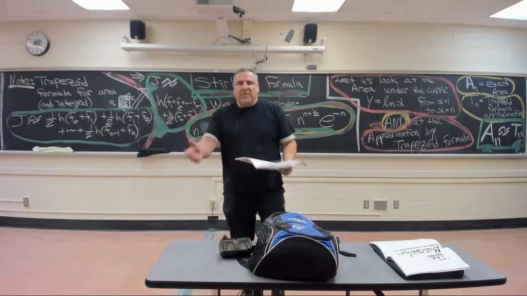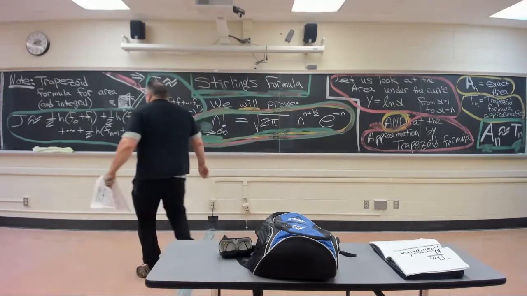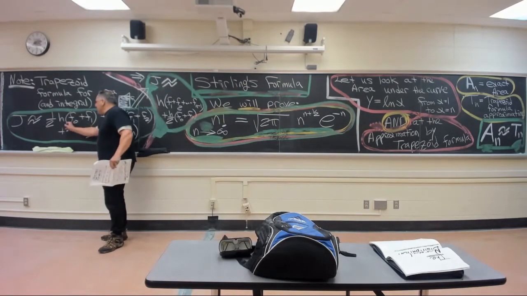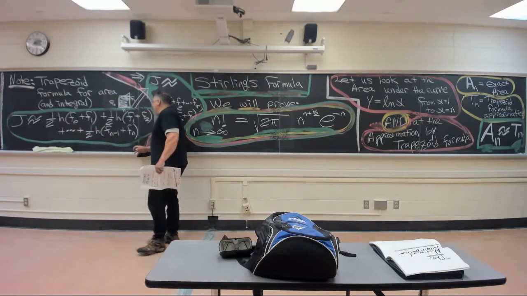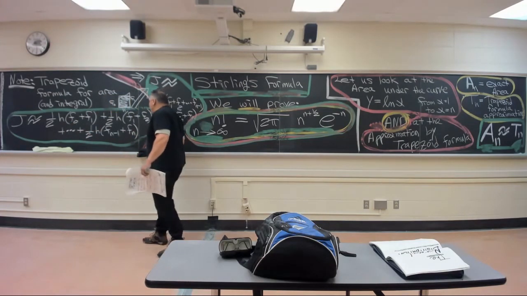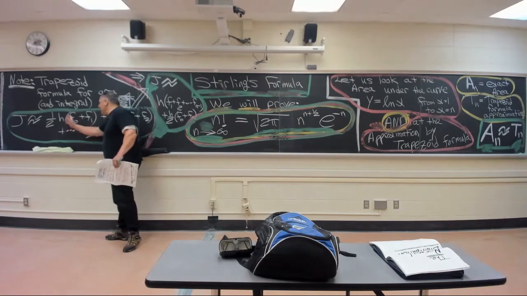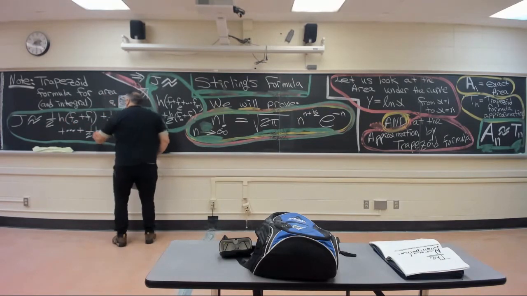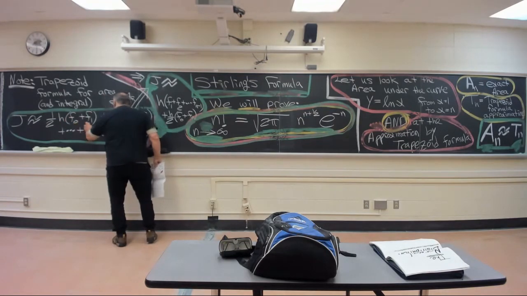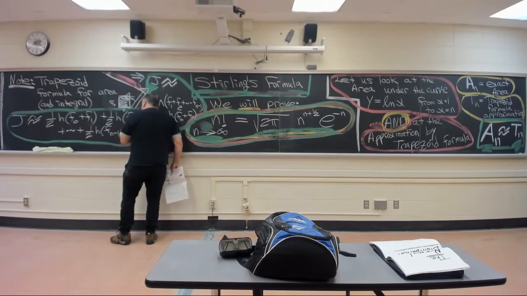Well, there's something interesting that happens. F0 is unique. It occurs once. It's at the beginning of the list. And after n spaces, after n h values, you get f sub n. That's at the very end. This is at the very beginning. They don't repeat. But F1, you know, F0, F1, this one's F1, F2.